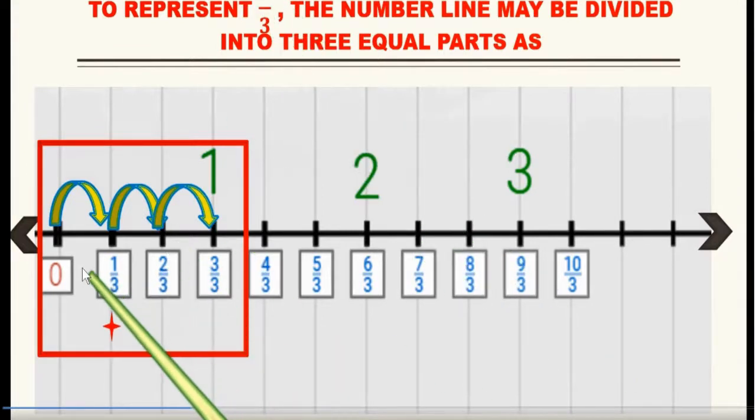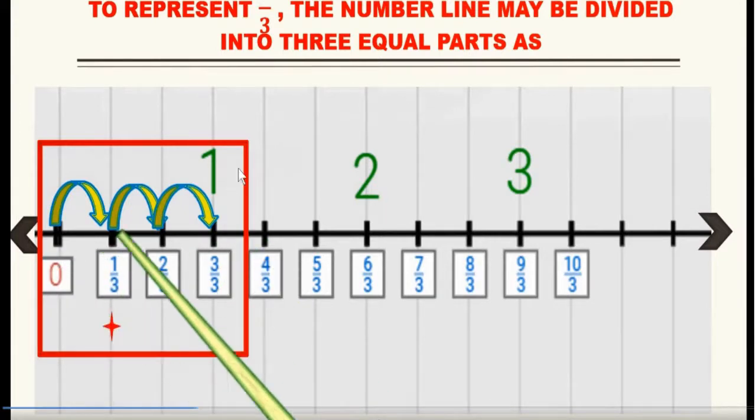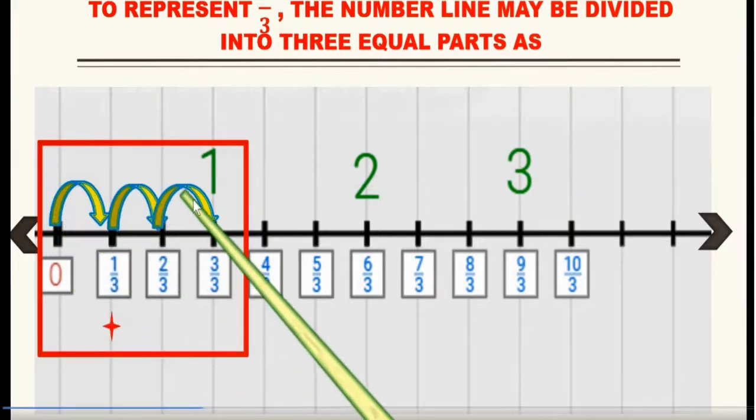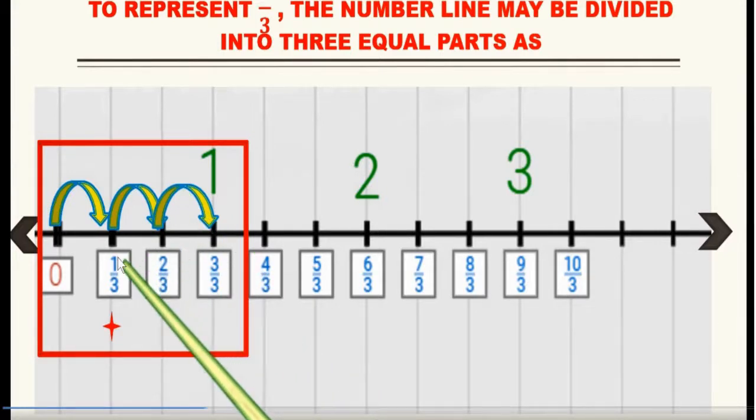The second concept is, how many parts will the number line be divided into between 0 and 1? For that, you have to look at the denominator. The denominator is 3. Therefore, the number line between 0 and 1 will be divided into 3 equal parts. What does the number 1 in the numerator represent?